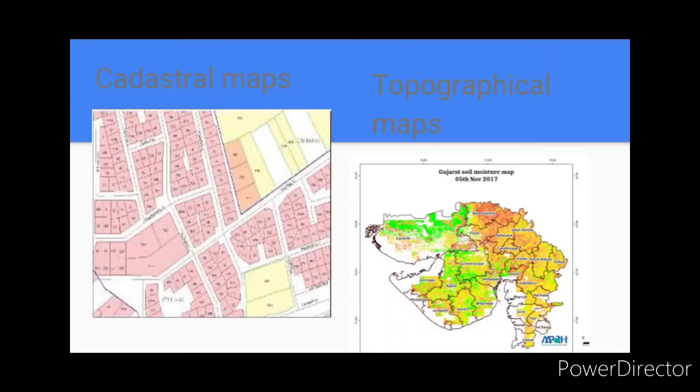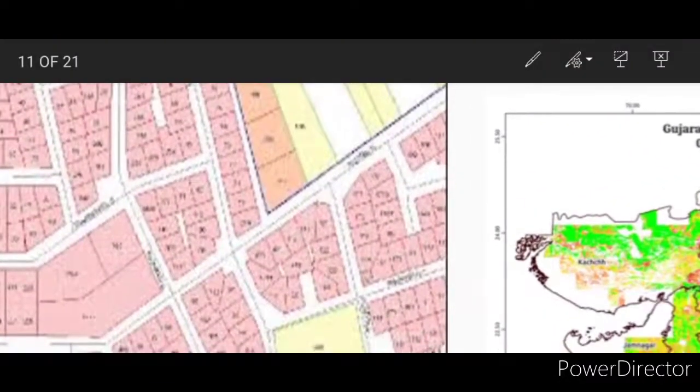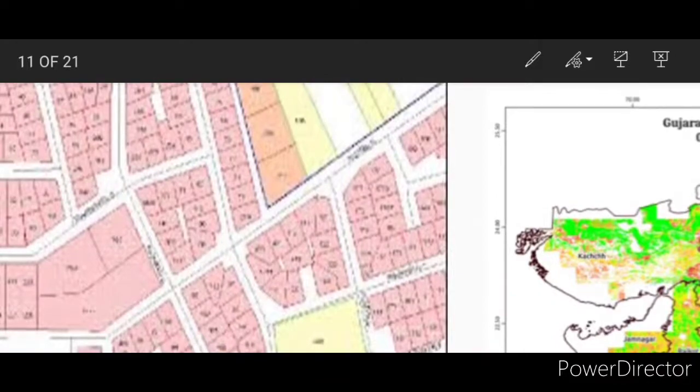Now moving on, we have cadastral maps and topographical maps. What are cadastral maps? The word is derived from the French word cadastre, which means a register of territorial property. So a cadastral map gives you plots. These are the plots for one particular house or one particular building.